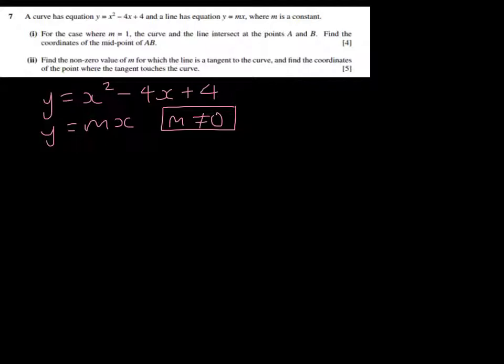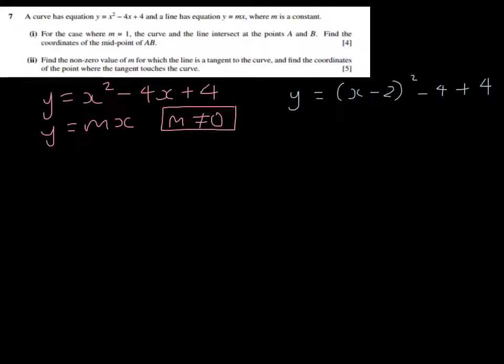What I'm going to do, just so I can visualize this, is a sketch really quickly of this curve. It doesn't ask you to do this in the question, but I like to draw diagrams. It always helps to make sense of the questions. So if I quickly complete the square, I'm going to get y equals (x minus 2) all squared, take 4 away, and then of course there was already 4 there to begin with.